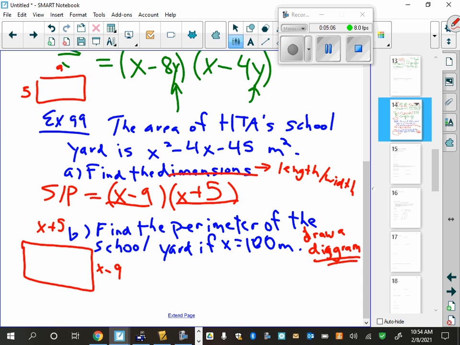You might just add these two. Is that all the way around the rectangle? No, that's half the way around. So it's this plus this plus this plus this. So go ahead, if you didn't get that, add the two lengths and the two widths. Or if you just did half, you can multiply it by 2 if you want to, but you have to distribute the 2 into everything.